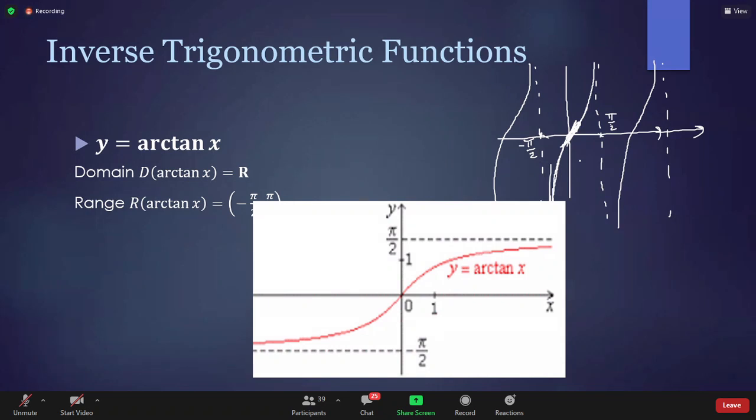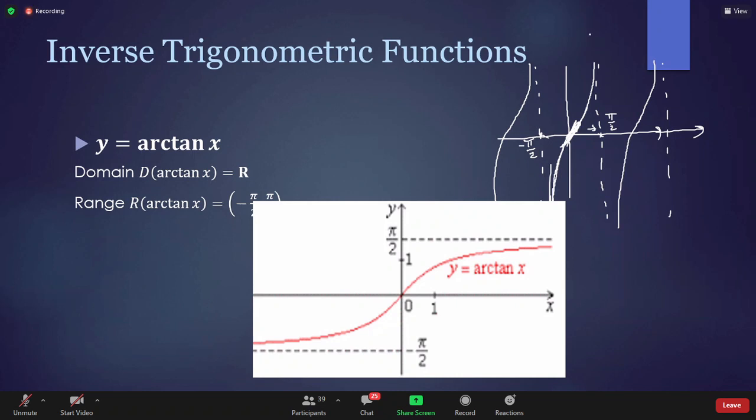We see that when x goes to infinity, the arctangent value gets closer and closer to pi half. That's because when the angle goes closer to pi half, the tangent function value becomes very, very large.